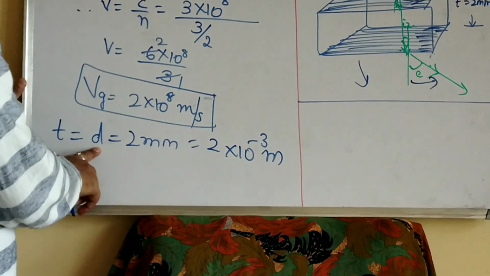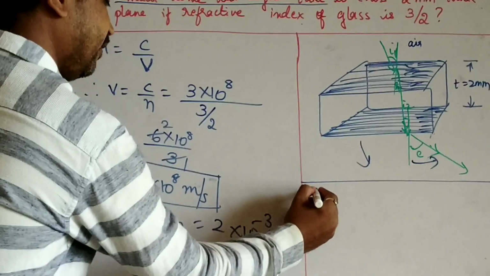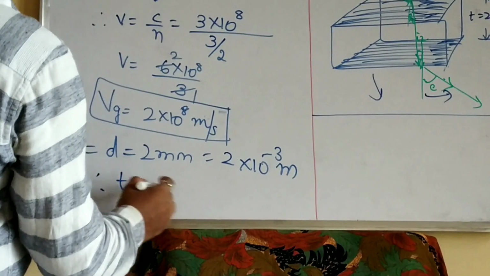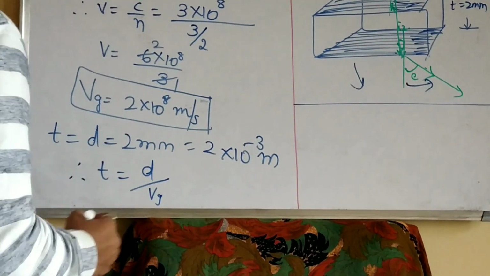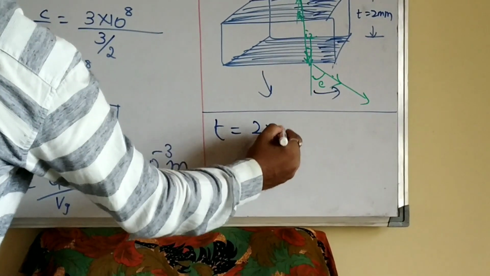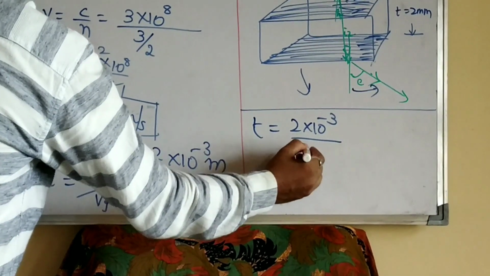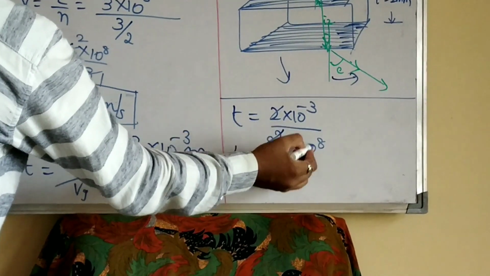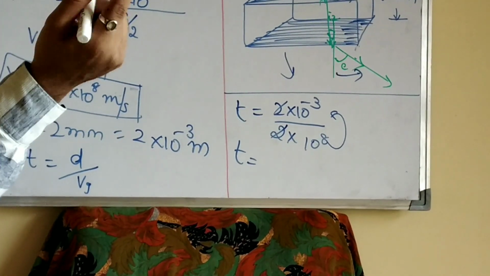Now you have distance, that is thickness. You have speed. You can easily find out time. Therefore time is equal to distance, that is thickness, by speed. So what will you get? d, the distance or thickness, is 2 into 10 power minus 3, divided by the speed, 2 into 10 power 8. 2 cancels, then t equals 10 power minus 3, and 10 power 8 goes to the numerator, so plus 8 becomes minus 8.